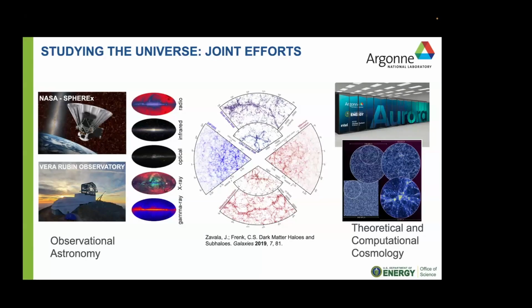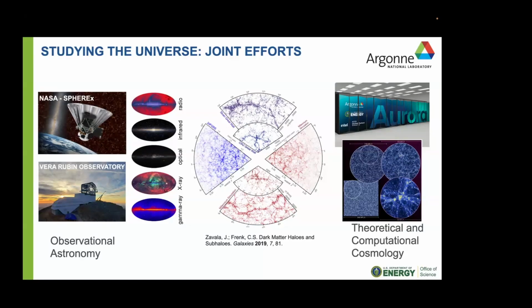There are hundreds of these different missions, and all these telescopes basically observe the universe in different wavelengths. You can observe the universe in radio, infrared, optical, X-ray, or gamma ray, anything like that. Each of those different wavelengths gives you different information.